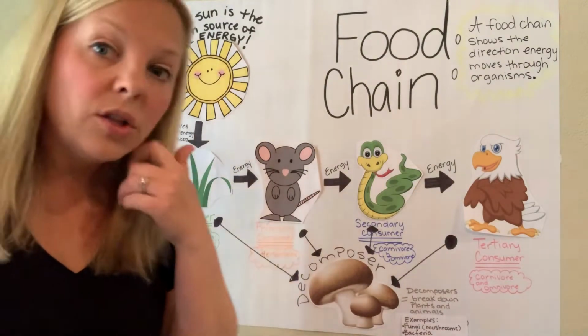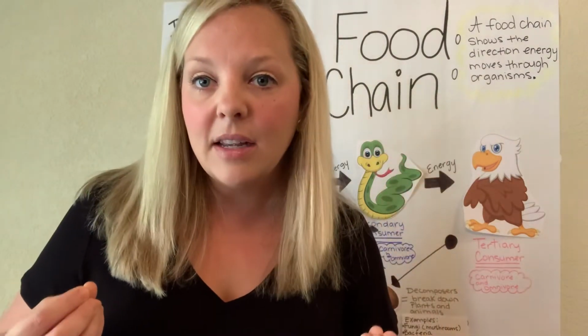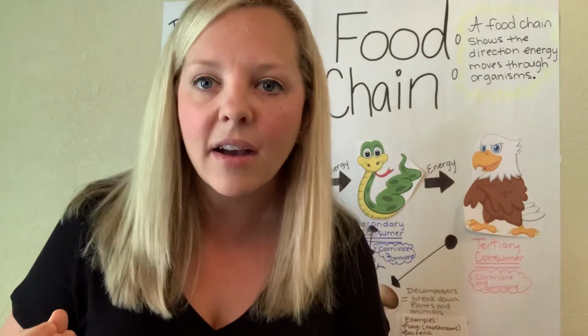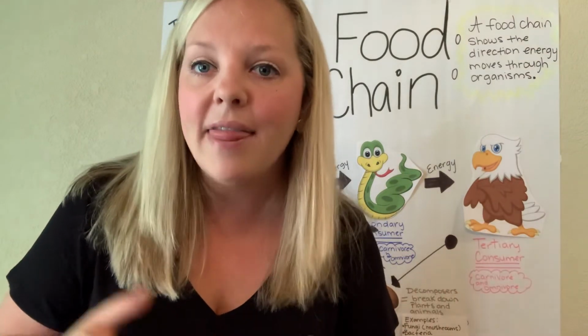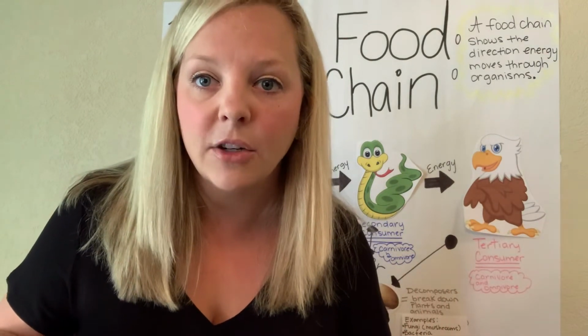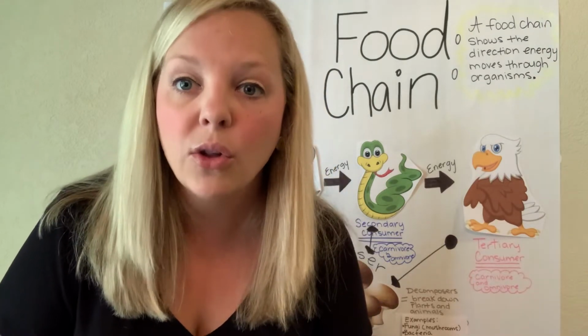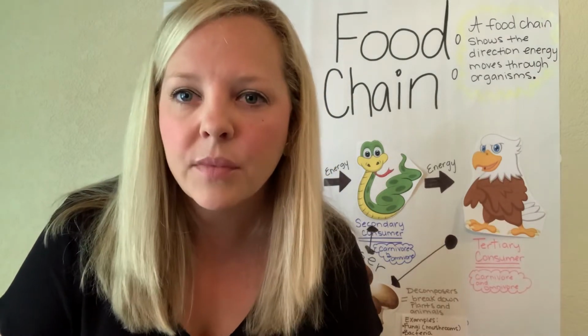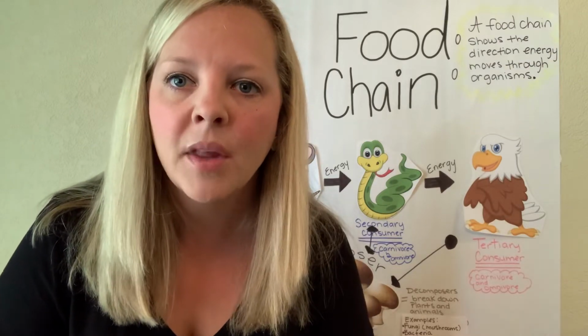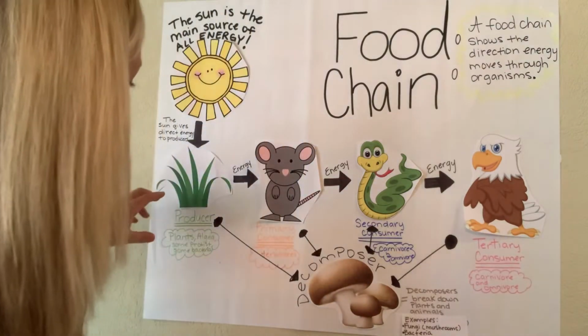Photosynthetic ones are going to take in sunlight. They're going to take in carbon dioxide and water, and that's how they make their forms of energy. And the form of energy they're going to make is going to be glucose, which is a sugar. You eat glucose every day. So these plants are going to make glucose.